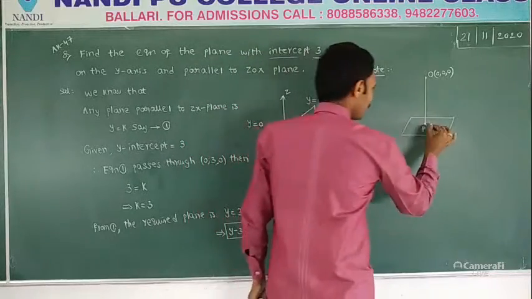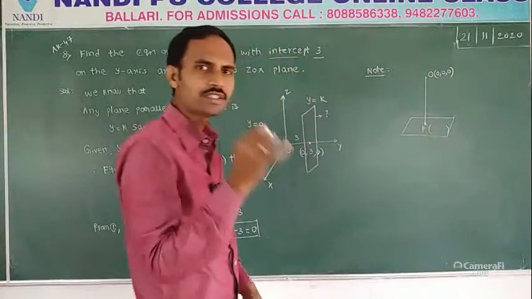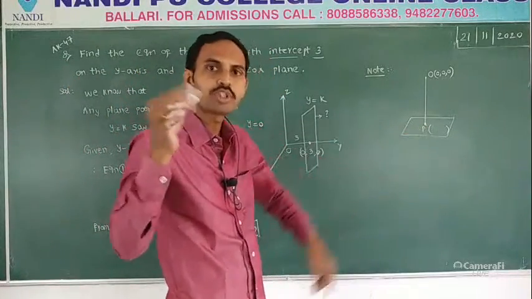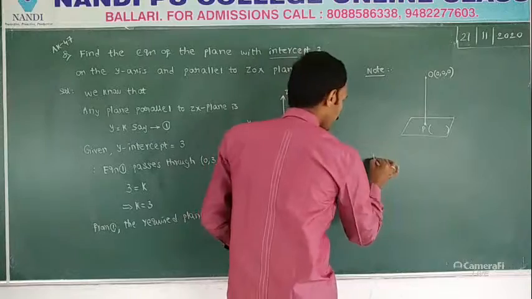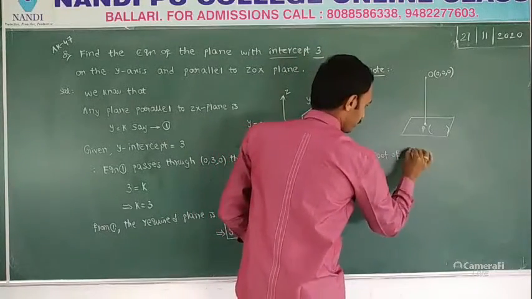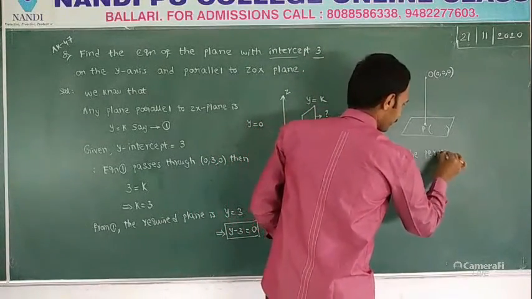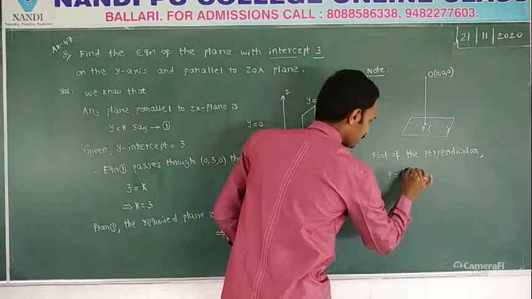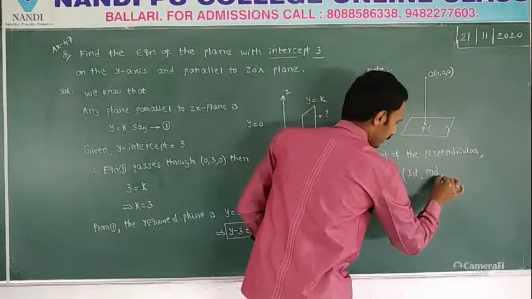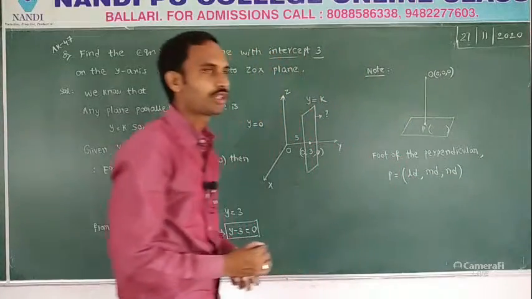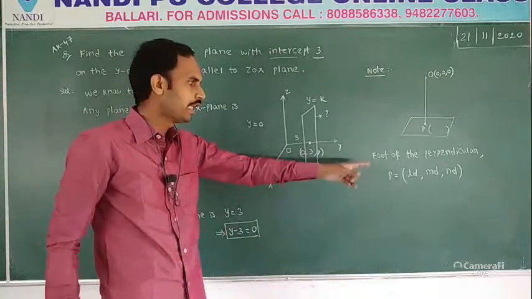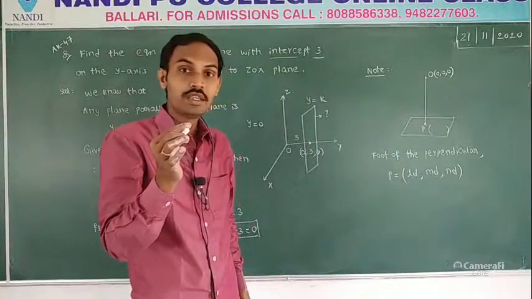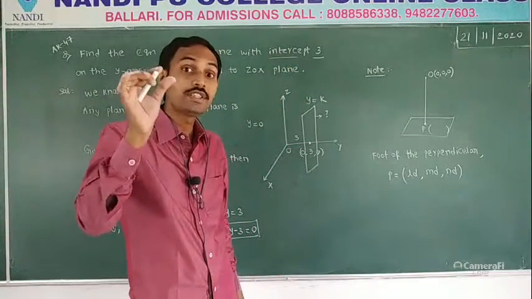Then, how to get the coordinates of P? What is the formula to get the foot of the perpendicular? This is called the perpendicular foot. The formula for the foot of the perpendicular P is (LD, MD, ND), where L, M, N represent the DCs of the normal.